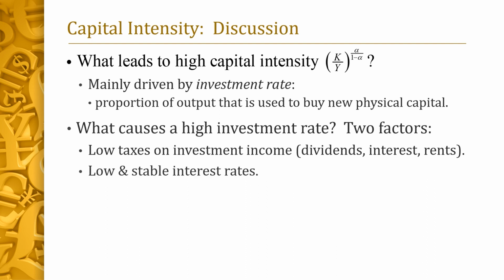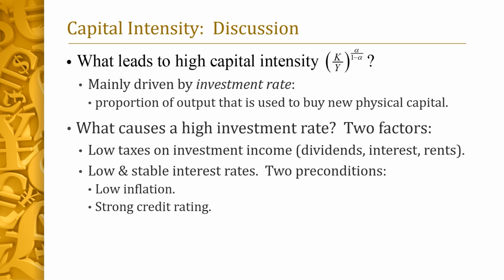The second factor is low and stable interest rates. This is because a firm's incentive to invest is stronger when interest rates are low and expected to remain so for a long time. To keep interest rates low, two conditions are generally needed. The first is low inflation. High inflation countries, in contrast, must frequently raise interest rates to prevent inflation from getting out of control.